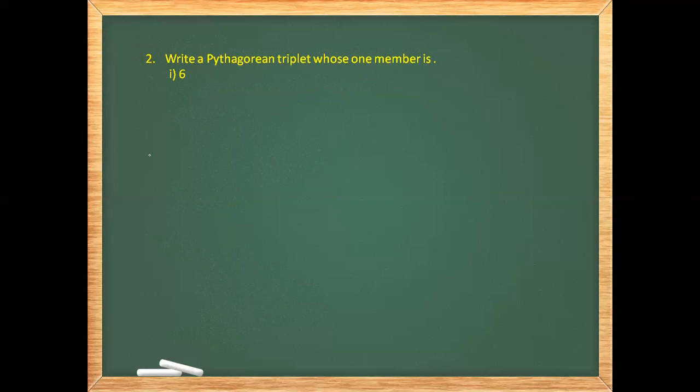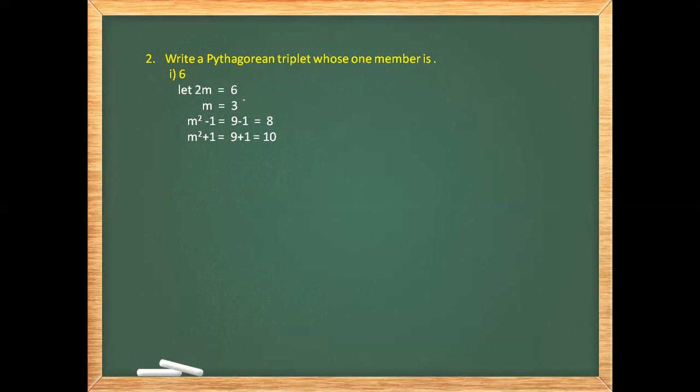And all the time we are going to consider whatever number is given as 2m. So consider 2m is equal to 6. So what is the value of m? m is equal to 3. So what is m squared minus 1? That is 9 minus 1 is equal to 8. So I got m squared minus 1 as 8. Then m squared plus 1. So m squared is 9 plus 1, 10.